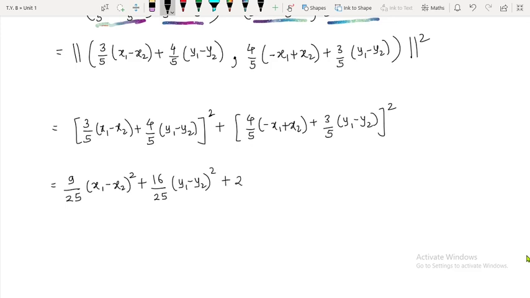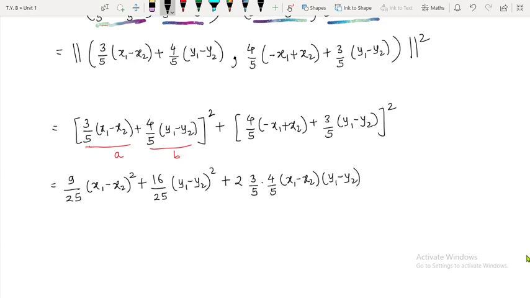So it will be twice, our a is this, our b is this. So it will be twice 3 upon 5, this 4 upon 5, and multiplied by (x1 minus x2) multiplied by (y1 minus y2).